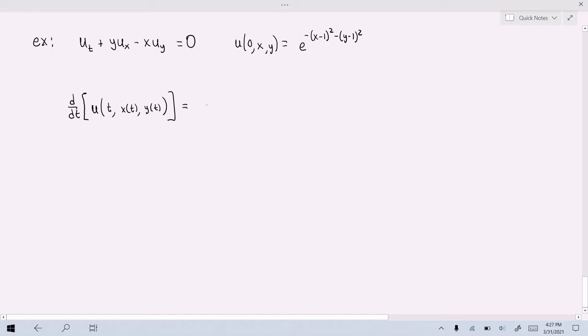It'll be the partial of u with respect to t times the derivative of t with respect to t, which is just 1. Then plus the partial of u with respect to x times the derivative of x with respect to t, and then plus the partial of u with respect to y times the derivative of y with respect to t, okay? So that's what the chain rule will give us.